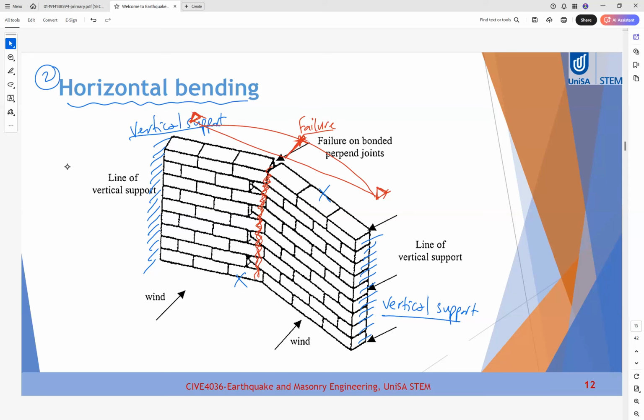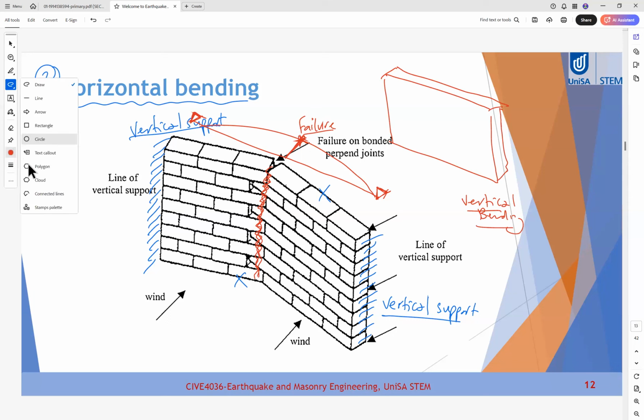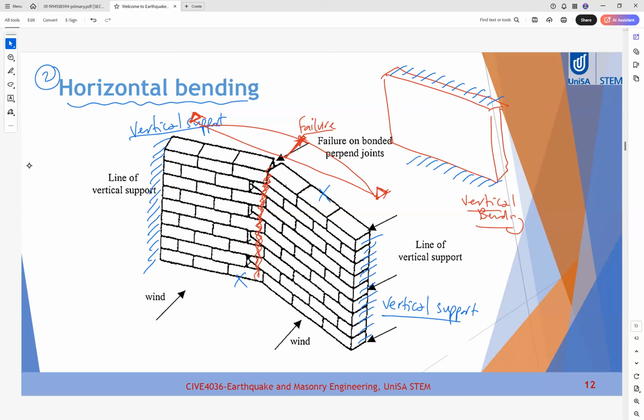This is different from what we explained in the vertical. Just to compare with the vertical, when does vertical bending occur? It occurs when the horizontal edges are supported.